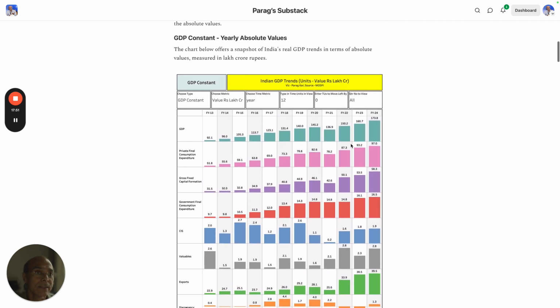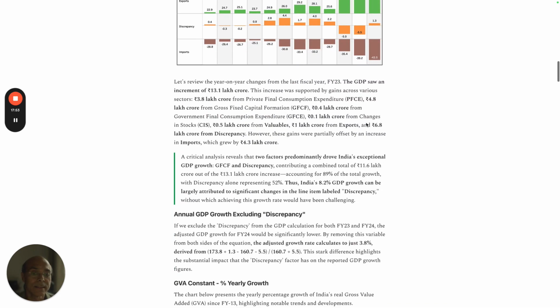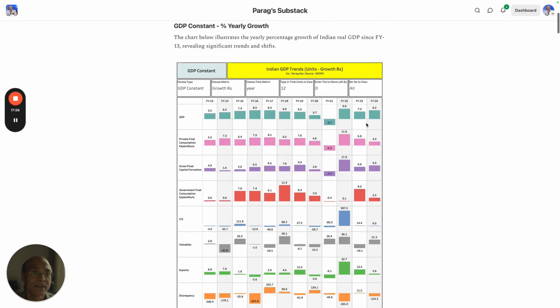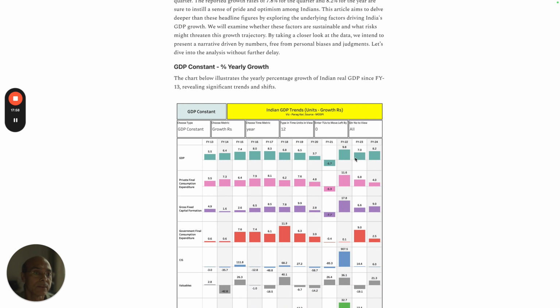If you look at the real GDP growth number, not the GVA constant, the real GDP growth number, 9.8, 7 and 8.2. So because the base was low in FY21 because of COVID, there was a kicking in of a high GDP number of 9.8%, and then the numbers stabilized, and now it is 8.2%.